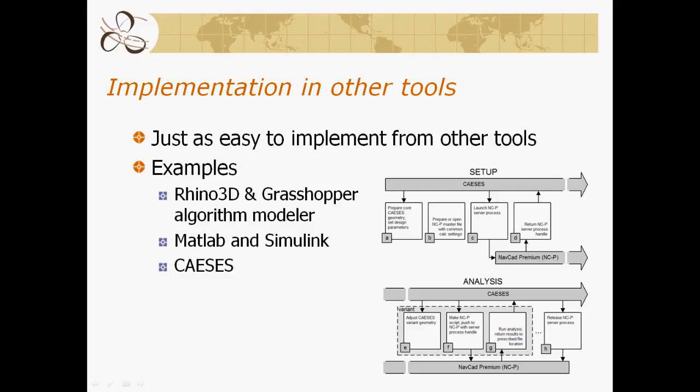And this graphic here was from a technical paper and project that we had run with them last year for a development of an optimized submersible AUV hull form, including integration of resistance, propeller selection, and propulsion. On the NavCad Premium page, there's a link to a technical paper that can give you more details about that particular process. But this flowchart is reflective of any kind of connection that you would make between any executive program and NavCad Premium.